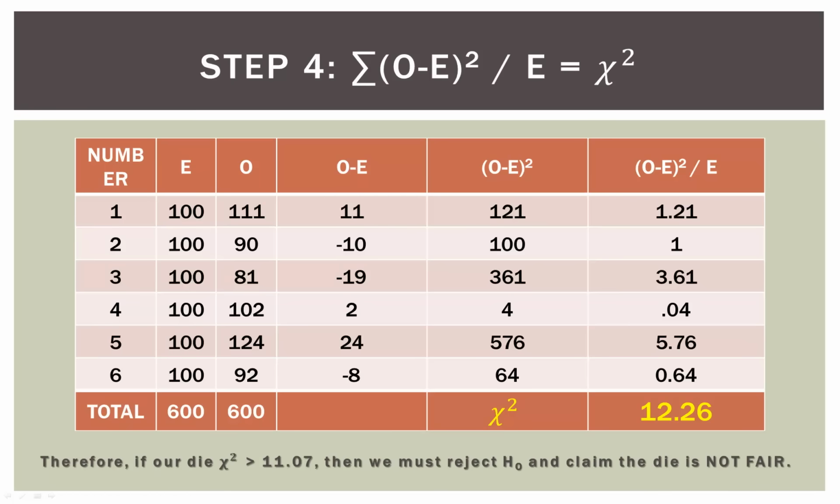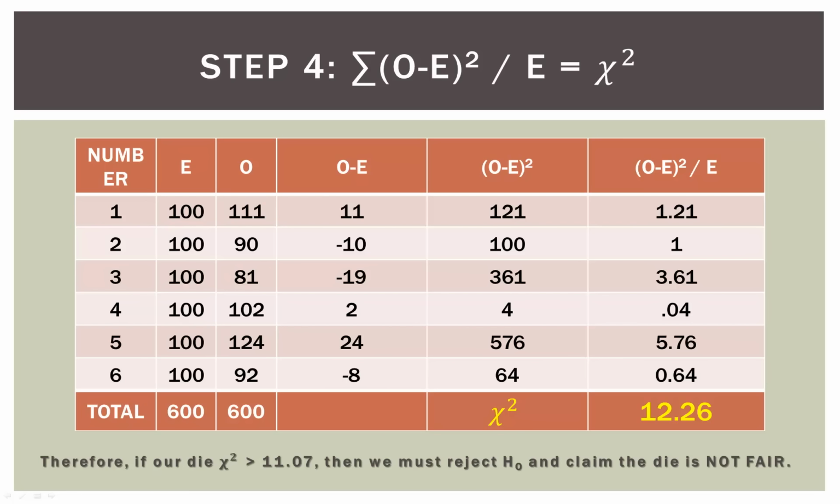Now remember, our critical chi-square value was 11.07. Now guess what? 12.26 is greater than 11.07. So therefore, our chi-square is greater than the critical value of 11.07.